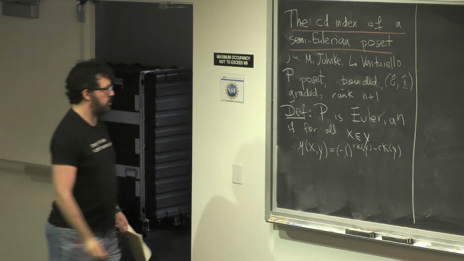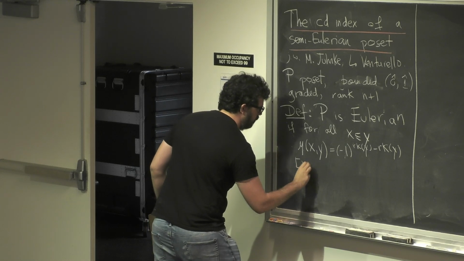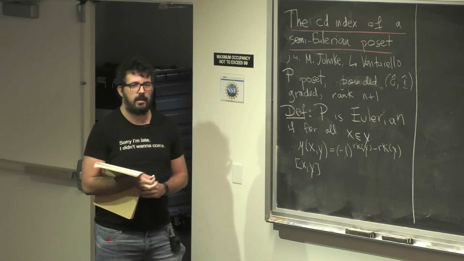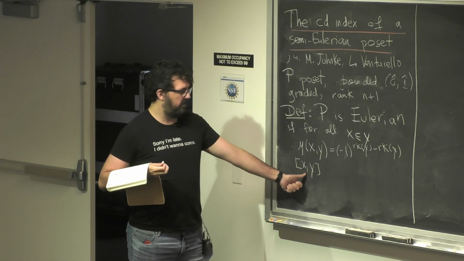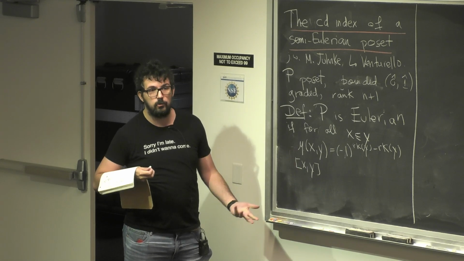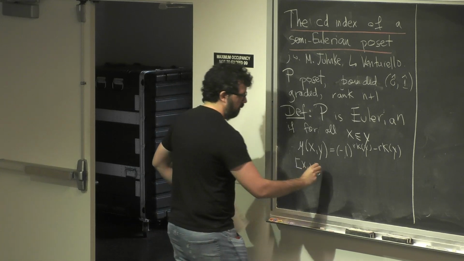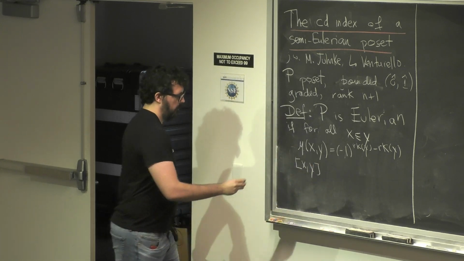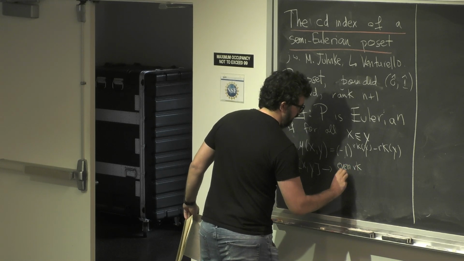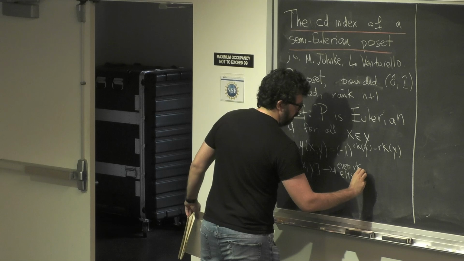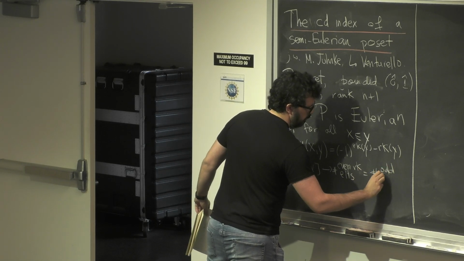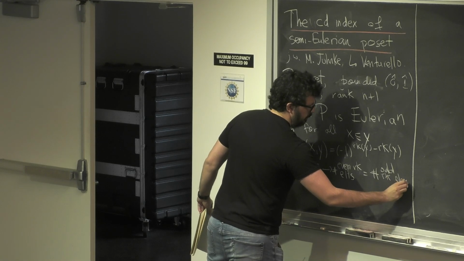If you don't know what the Mobius function is, what you should think about is I could look at the interval in the poset, everything that is sitting between x and y, and I could count how many elements are there of even rank. I could count how many elements are there of odd rank, and I want those two numbers to be the same. Number of even rank elements equal to number of odd rank elements.